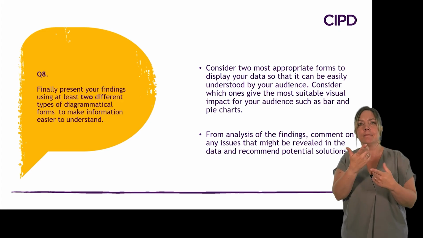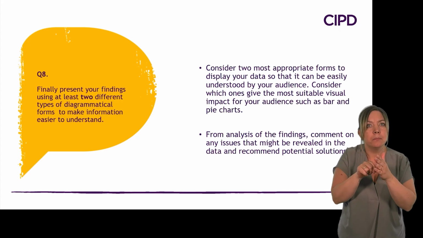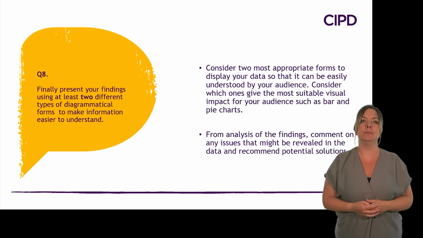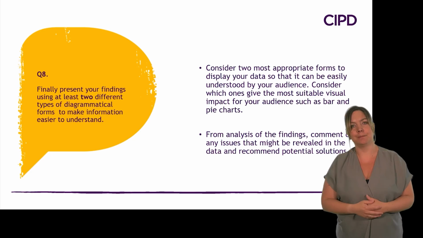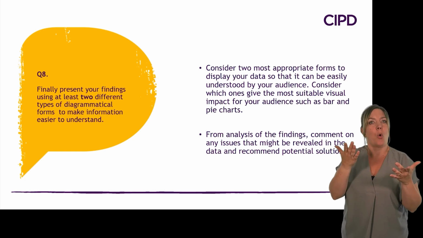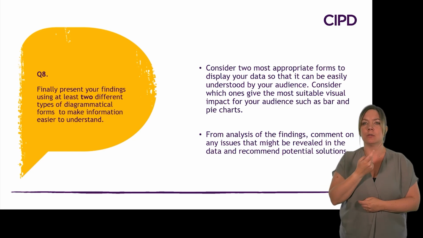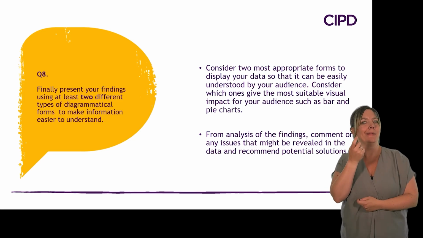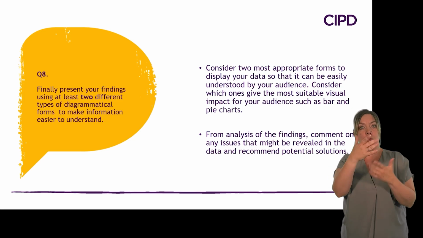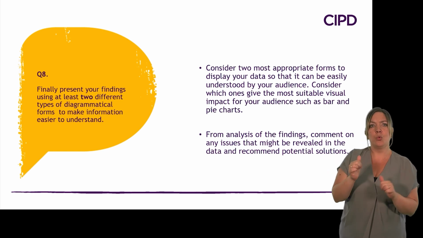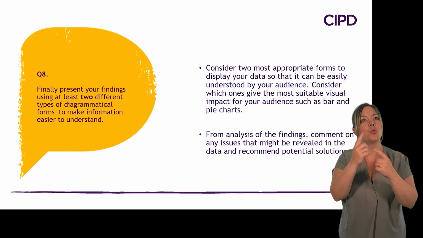Question 8. Finally, present your findings using at least 2 different types of diagrammatical forms to make information easier to understand. So once you've scrutinised the data, consider 2 most appropriate forms to display your data so it can be easily understood by your audience.